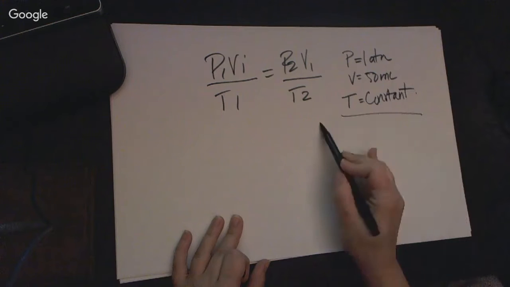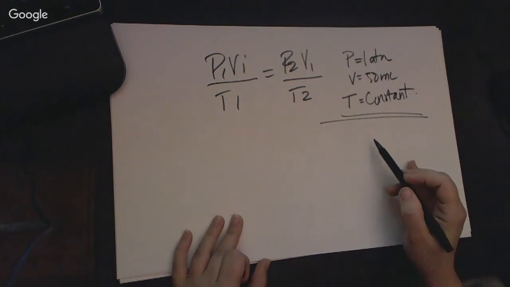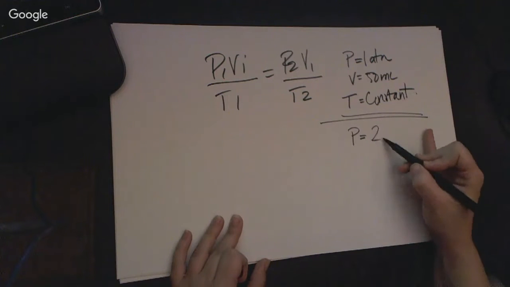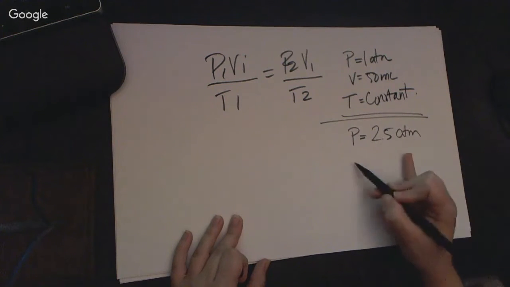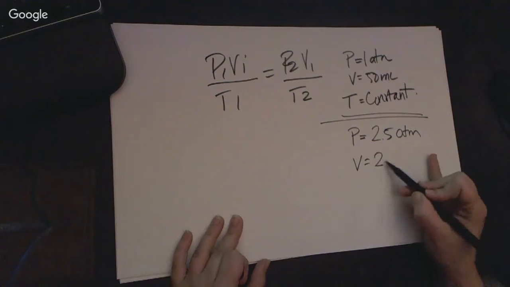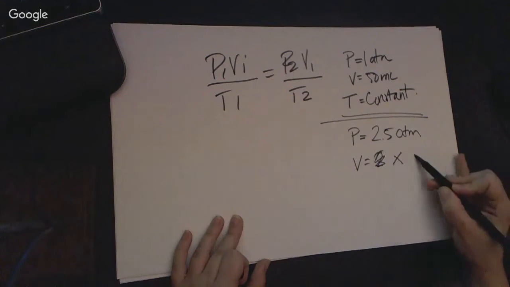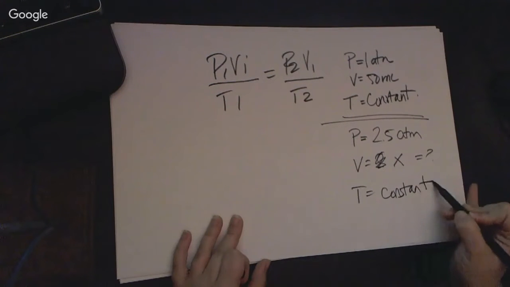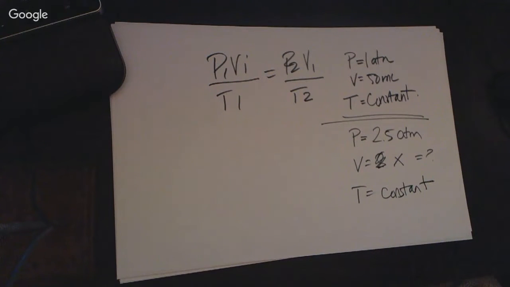Then they're going to say the gas is changing, and now the pressure is, I don't know, 2.5 atmospheres. The volume is now V2, which is X because we're solving for it, and the temperature is being held constant.